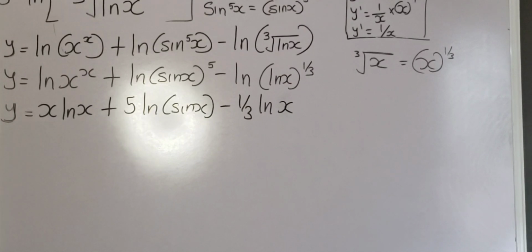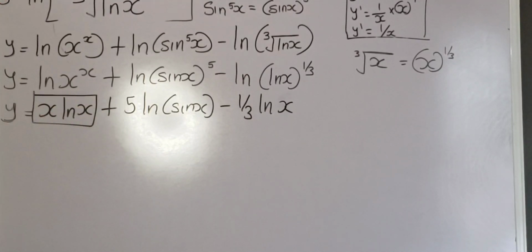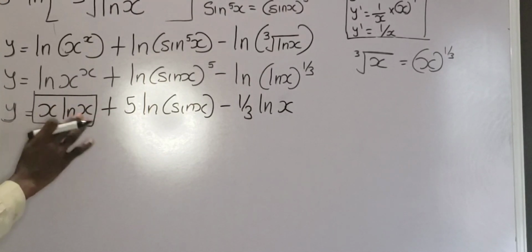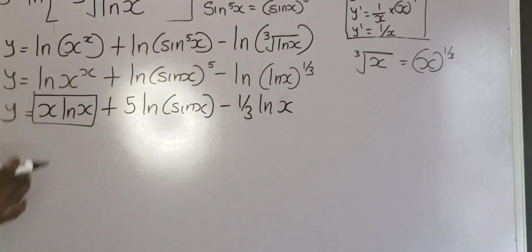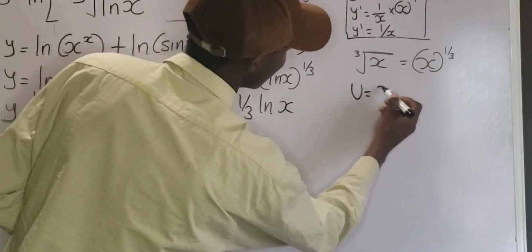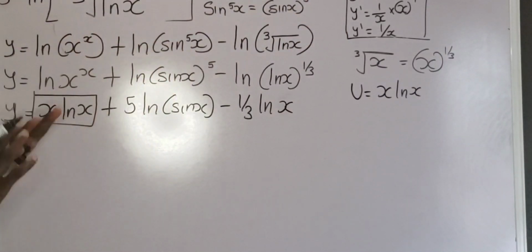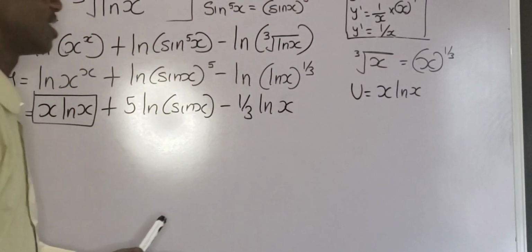Now we have gotten to this point. Let us find the derivative of this function. So let me start from this part. I'm going to differentiate this part separately, because I'm going to differentiate x ln x using the product rule. You understand? So let me write it here. Let u be equal to x ln x. Now I want to differentiate this using the product rule.